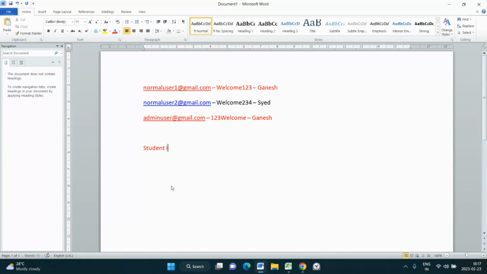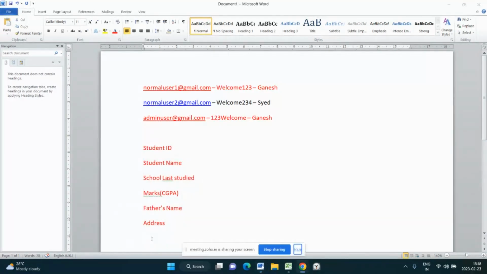We'll have student ID, student name, health, school last studied, marks or CGPA, father's name, address. So these are the information they collect.